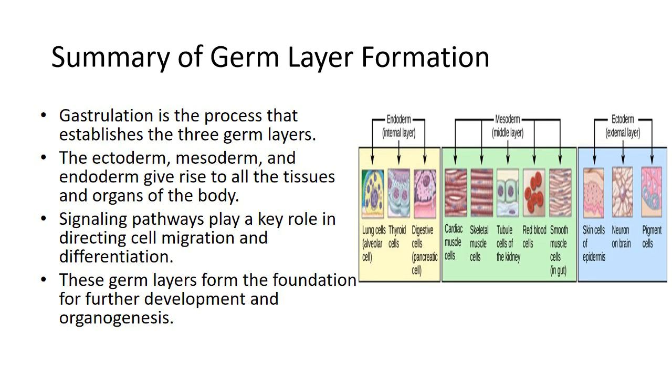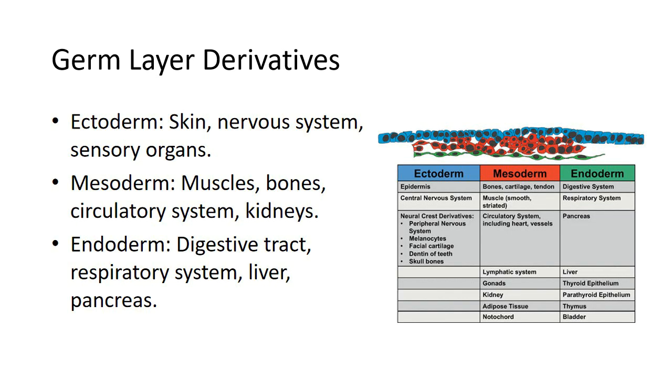6. Summary of germ layer formation. Gastrulation is the process that generates the three germ layers: ectoderm, mesoderm, and endoderm. These layers will differentiate to form all the tissues and organs of the body. Ectoderm forms external structures such as the skin, nervous system, and sensory organs.